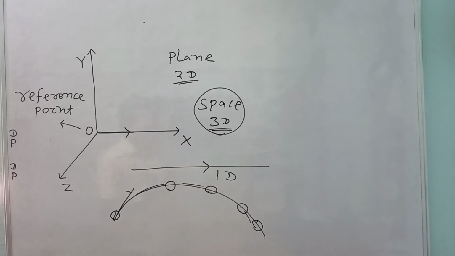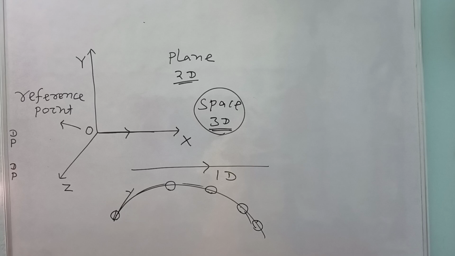Similarly, your motion of the molecule of a gas is 3D. You cannot say, sir, motion of the aeroplane is 3D or 2D or 1D. If aeroplane moves in a straight path, you say this is 1 dimension. You cannot say 2D or 3D.